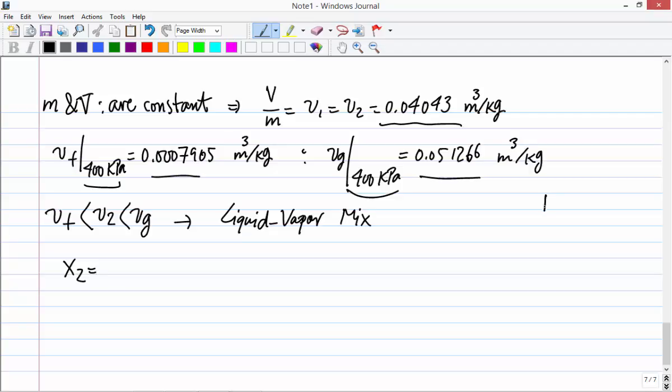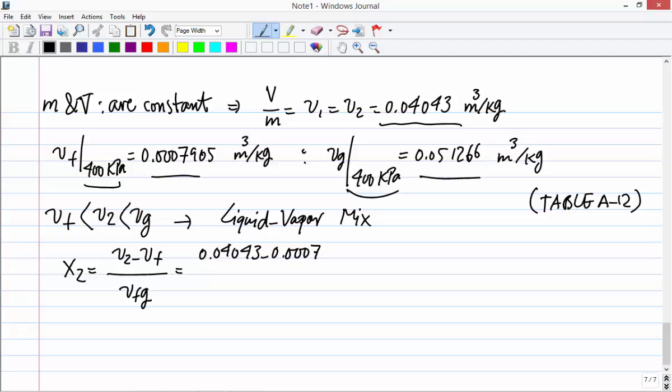And all based on table A12. x2 is defined as v2 minus Vf divided by Vfg, where once again Vfg equals Vg minus Vf.